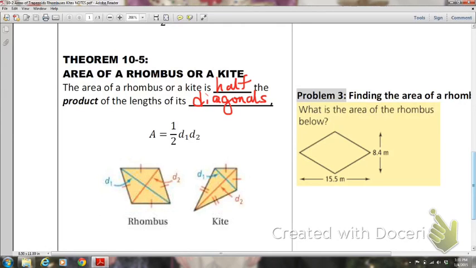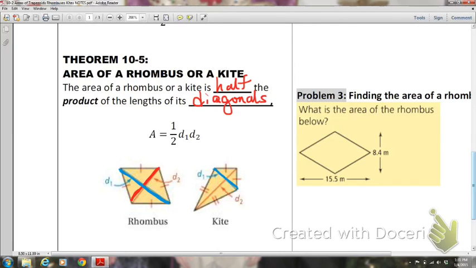So here in this diagram of the rhombus, we have one diagonal connecting two non-consecutive vertices, and then there's a second diagonal that connects the other two non-consecutive vertices. Same thing in the kite.